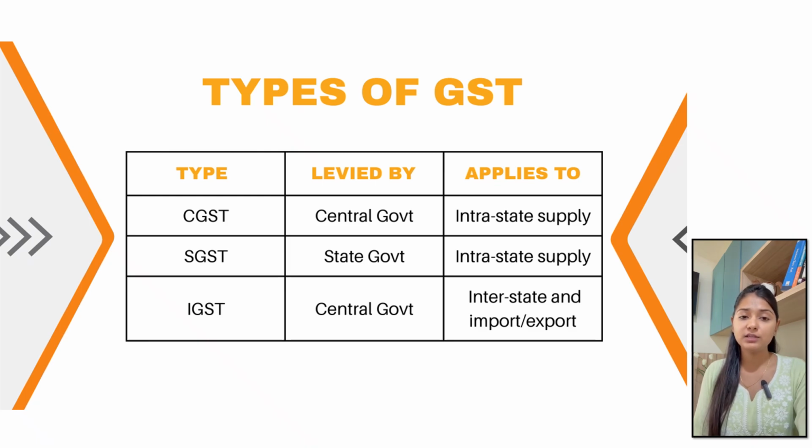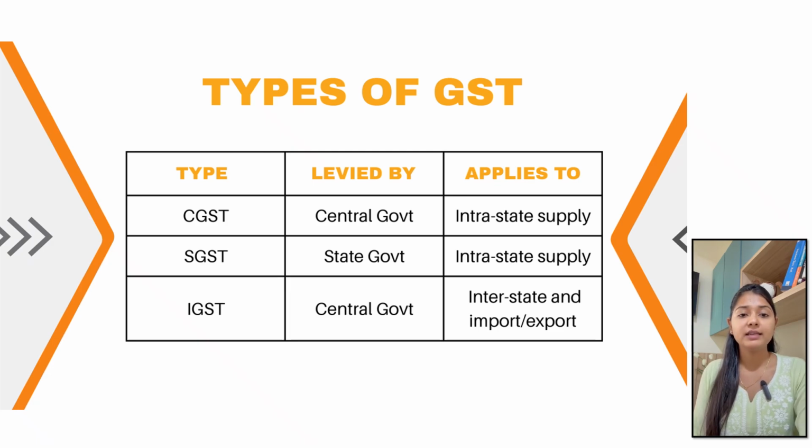Next one is SGST, that is State Goods and Service Tax, which is levied by the state government and also applied to intra-state transactions. The revenue goes to the respective state government. So, when a sale happens within a state, say Maharashtra, both CGST and SGST are charged and shared between center and state.